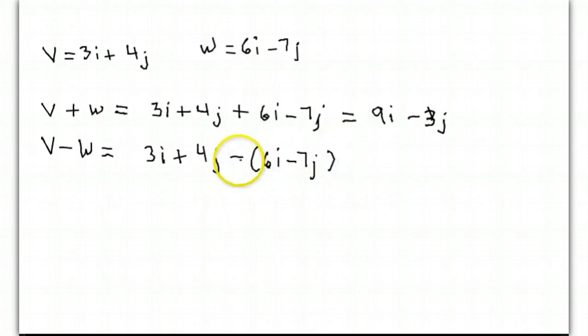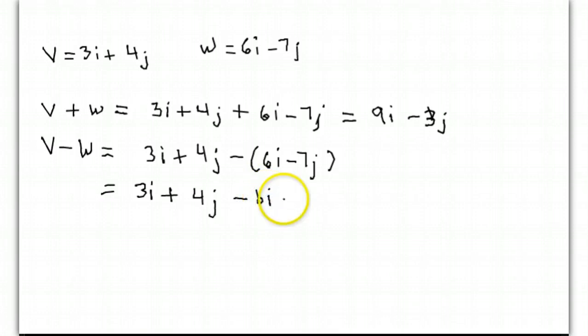And so before you can do anything, you have to distribute that negative through the second parenthesis. So we still have our 3i plus 4j. But now, when we distribute the negative, we're going to have a negative 6i, and it's going to be a positive 7j.